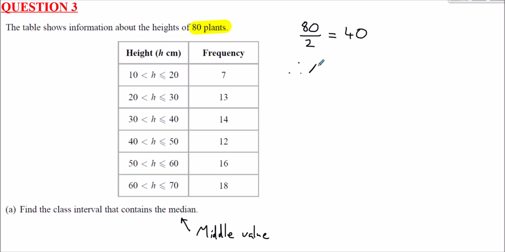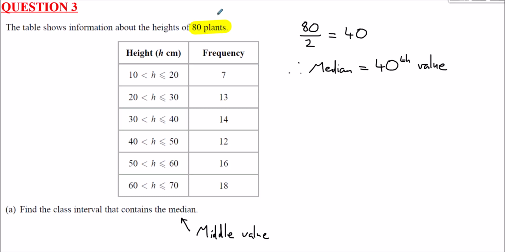So therefore, because this is a continuous data table, height is continuous, the median will just be the 40th value. To find out where the 40th lies, we just need to do a cumulative frequency running total.